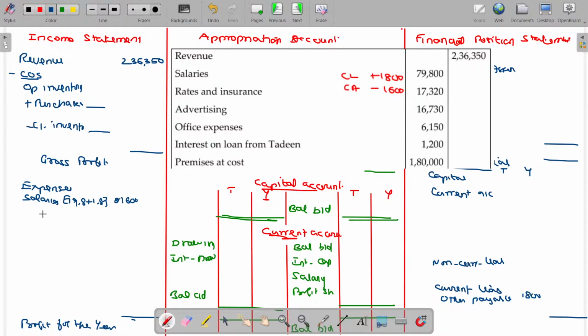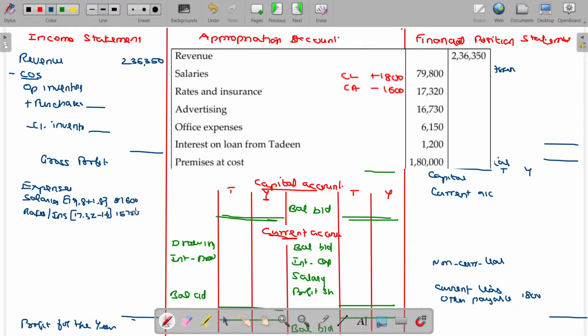And rent, rates and insurance are also expenses. The value being 17,320 minus 1,600 paid in advance. If I subtract, then the rates and insurance should be 15,720.